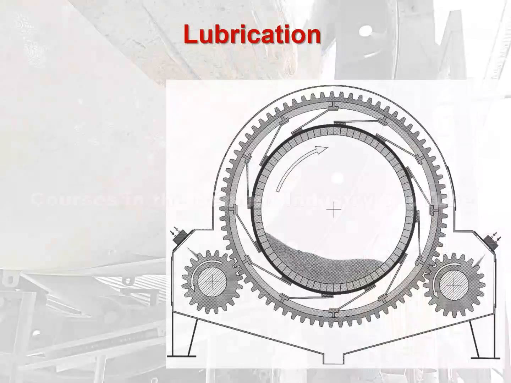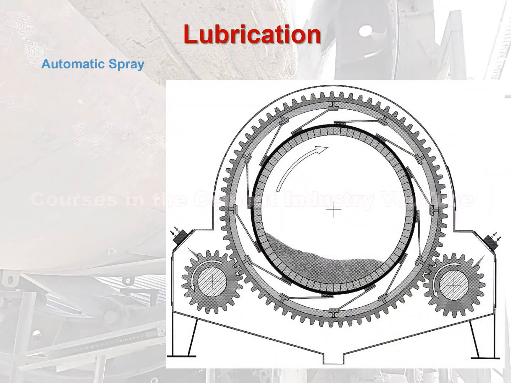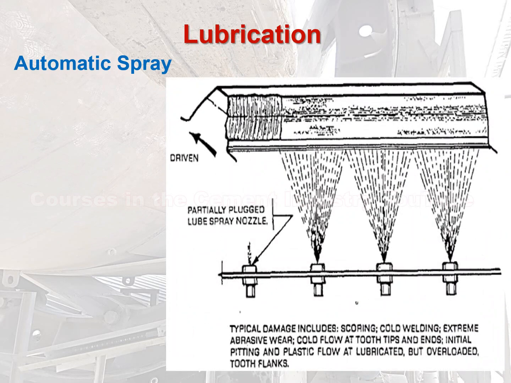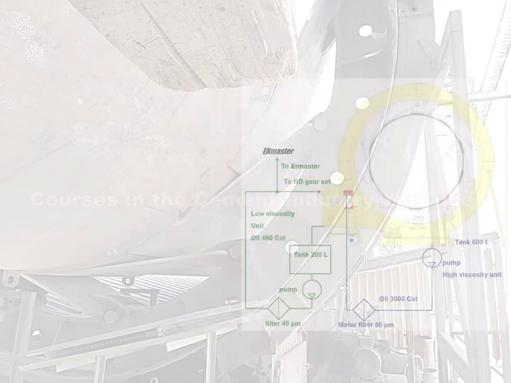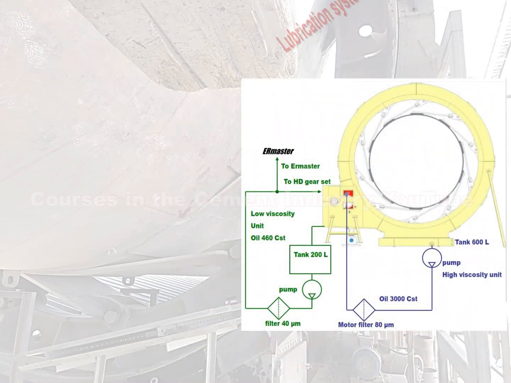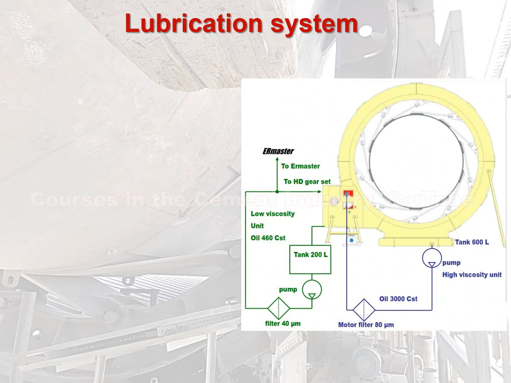In this picture it is explained. Automatic spray. In this picture it is explained. Lubrication system for rotary kiln. Separate lubrication.